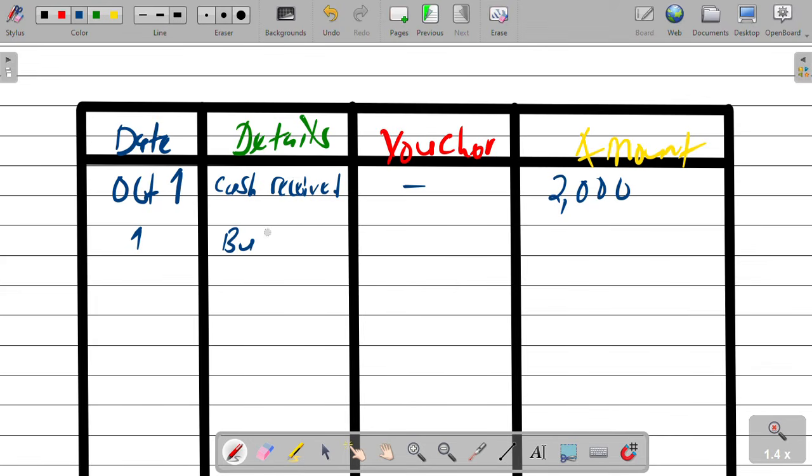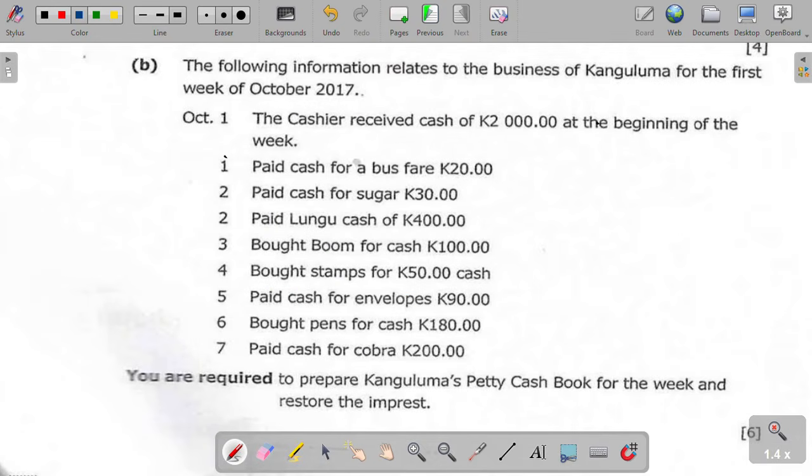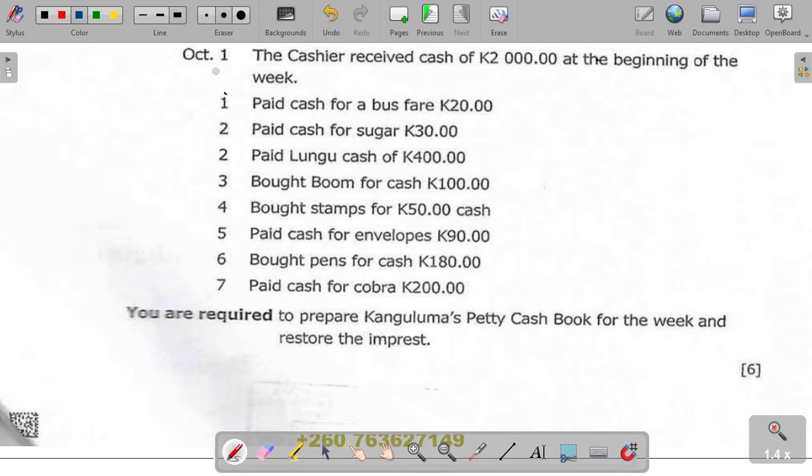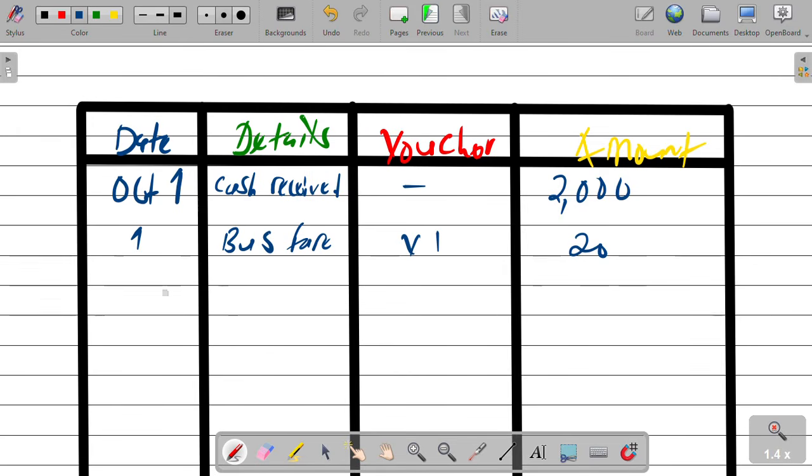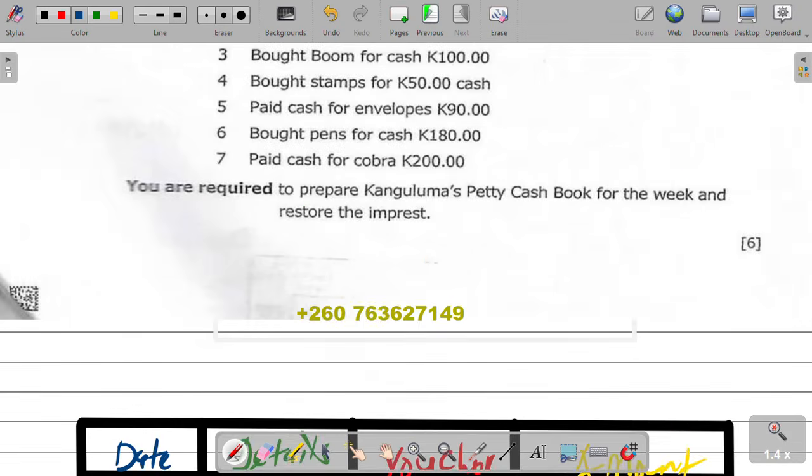Now our expenses. We have bus fare, our voucher V1, which was 20 from our question. The second one is sugar, our document V2. How much for sugar?